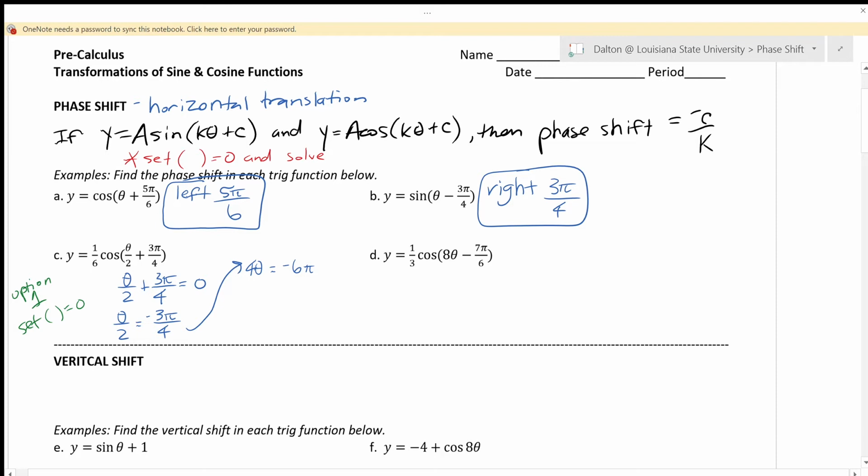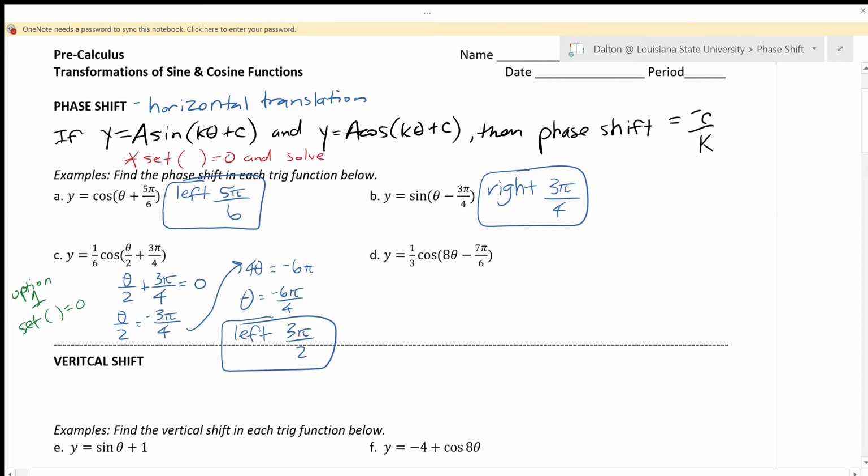If I divide both sides by 4, then I get theta is negative 6 pi over 4, which reduces to, anyone? Okay, awesome. That negative indicates that we are moving to the left 3 pi over 2.